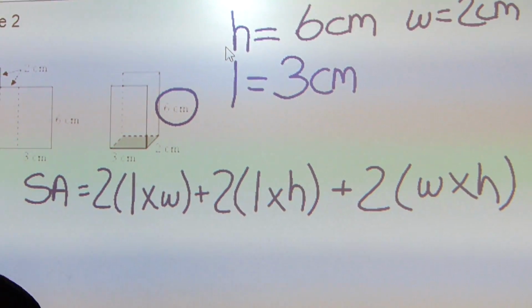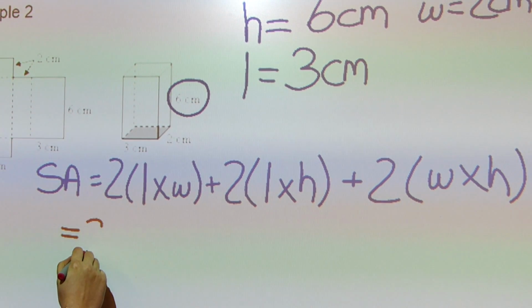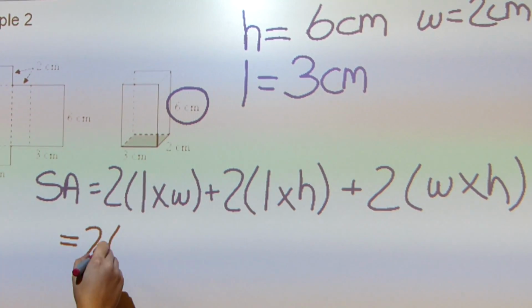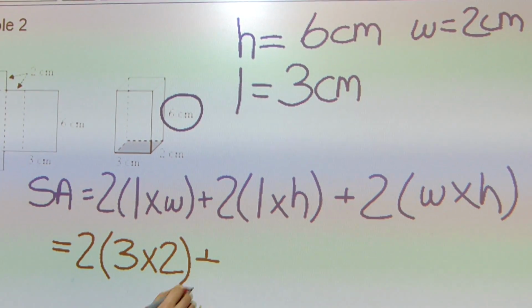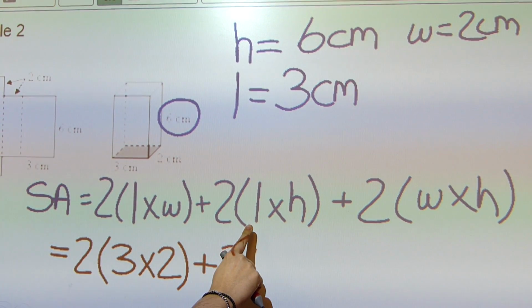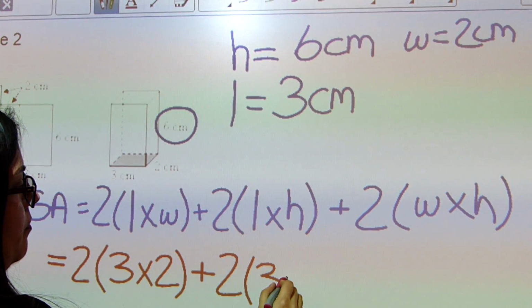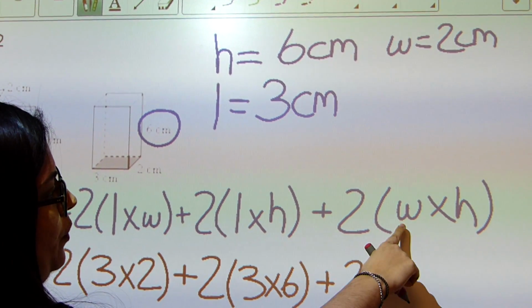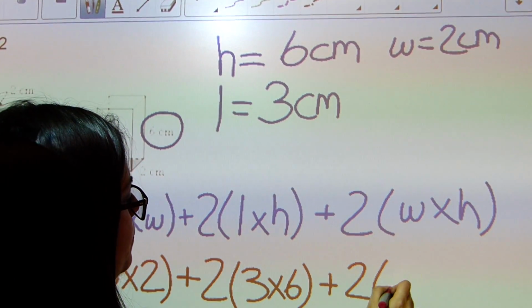So first step, let's substitute. So surface area, so length times width, so 3 times 2. Length times height, so 3 times 6. And width times height, so 6 times 2.